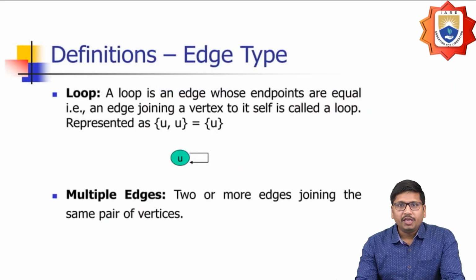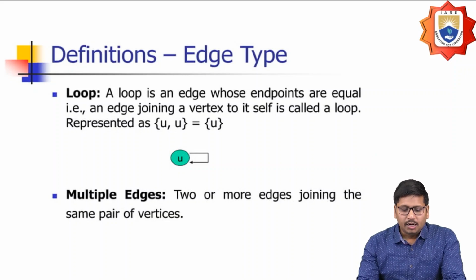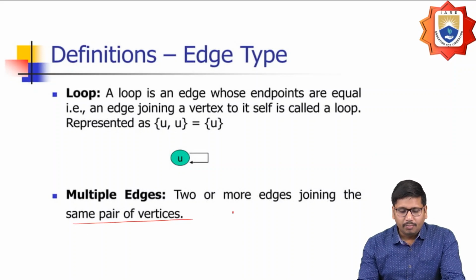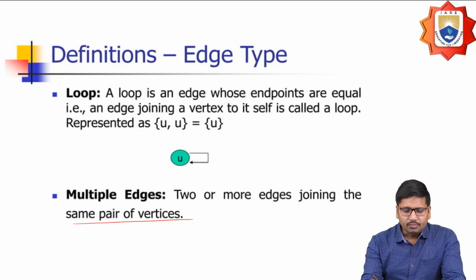So what is a loop here? A loop is an edge whose endpoints are equal, that is, an edge joining a vertex to itself is called a loop, and it is represented as (U, U). Multiple edges means two or more edges joining the same pair of vertices.